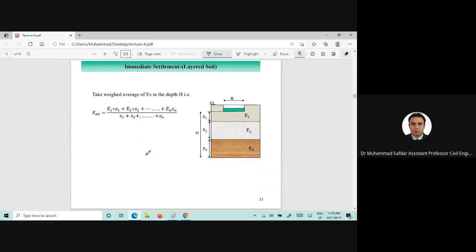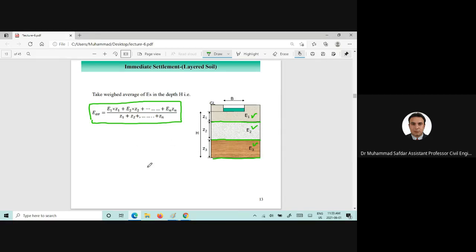Now a weighted average concept can also be used if we don't have a single layer. For example, if we are given 3 layers, E1, E2 and E3 are given, and the heights are also given. So you can use this equation. Please kindly note down this equation as well, because we are going to use it in solving a problem in a few minutes.